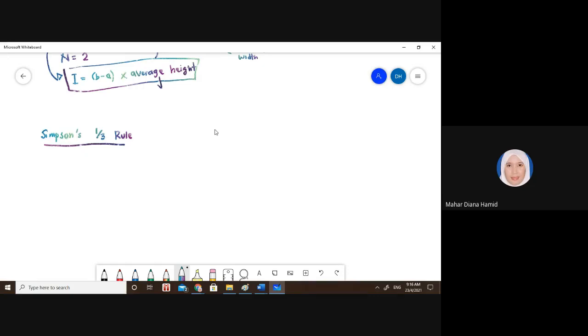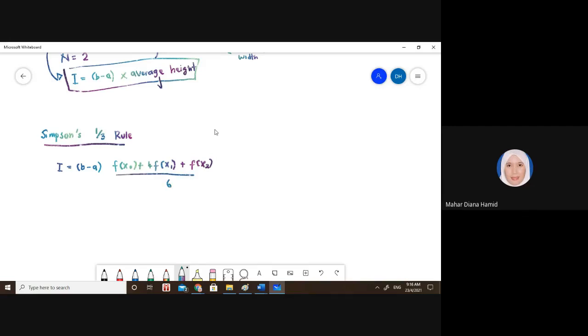So the formula for Simpson's one-third rule is actually b minus a times f(x0) plus 4 f(x1) plus f(x2), divided by 6.